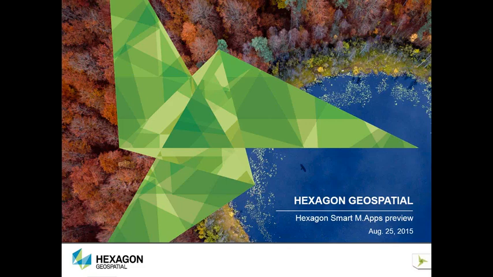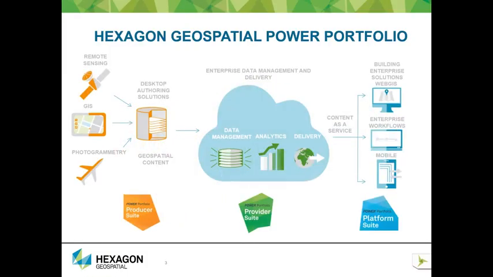You're welcome, Kieran. So thank you. Let's get started. The topic today is to introduce you to Hexagon Smart Maps. Most of you hopefully are familiar with the Hexagon Geospatial Power Portfolio. It's our suite of products for the complete geospatial life cycle.